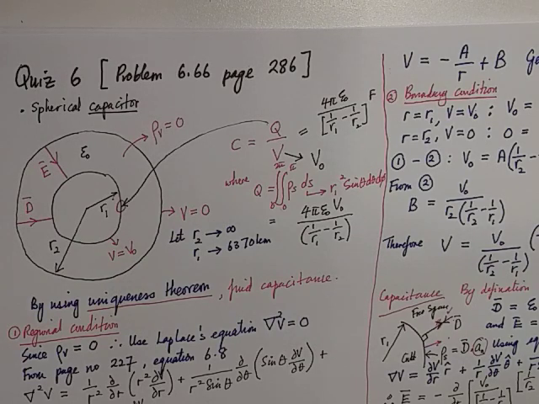We're not going to ask you again in the final exam a question regarding electrostatic. Electrostatic will only be asked in your test. So test number 2 is going to be related to electrostatic.